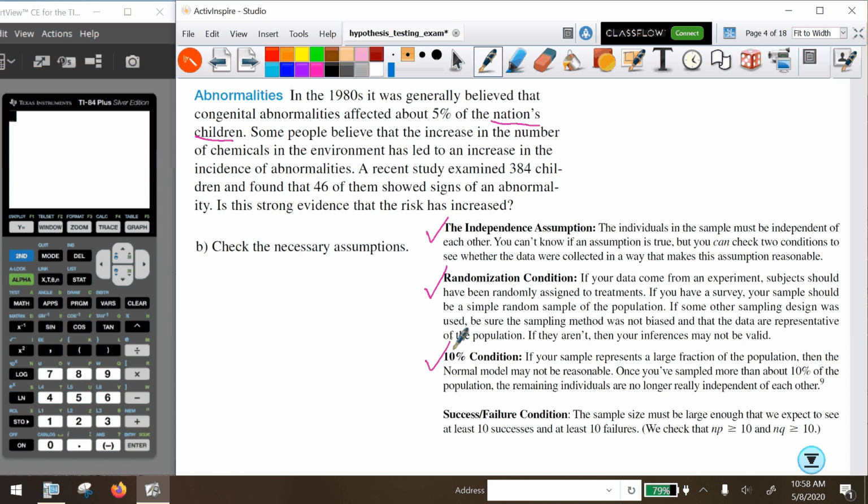And the success failure condition. In a sample of 384 children, would we expect under normal conditions to see at least 10 that have some congenital abnormalities? Is this greater than or equal to 10?